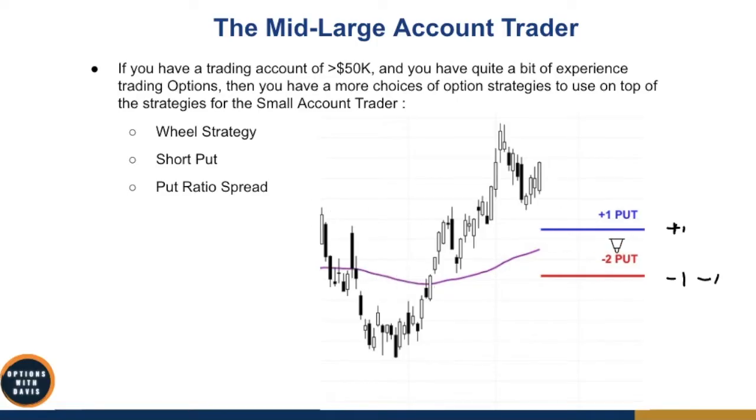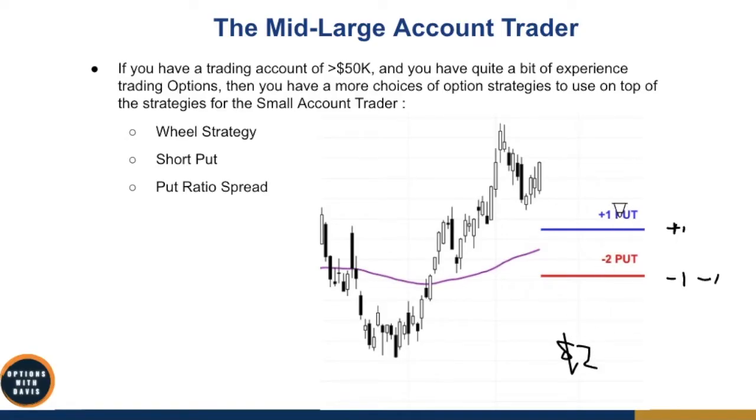This is what you call an omnidirectional trading strategy, because when you put on this put ratio spread, you're going to have a credit as well. You're going to receive a premium upfront, because ideally the premium for the short put is more than what you pay for the put spread. Let me put it simply. Let's say you sell the put for $2.